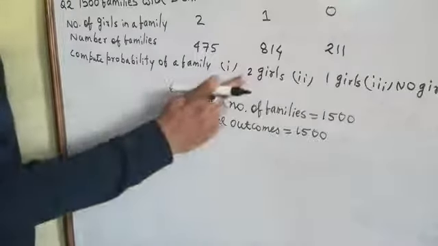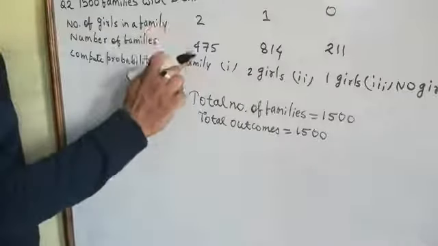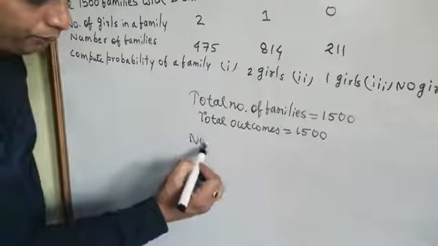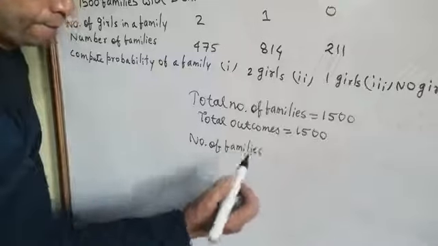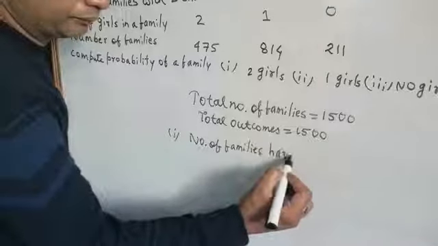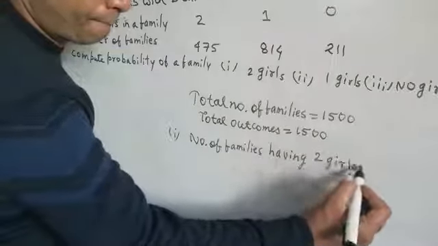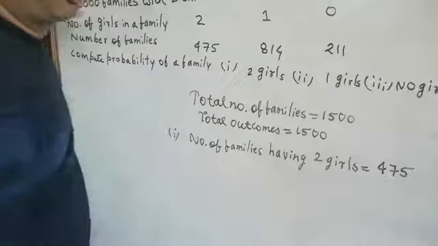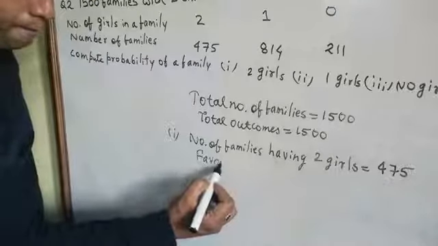Now, first question. Find the probability of 2 girls. How many families have 2 girls? 475. This is the number of families having 2 girls, 475. This will be our favorable outcome.